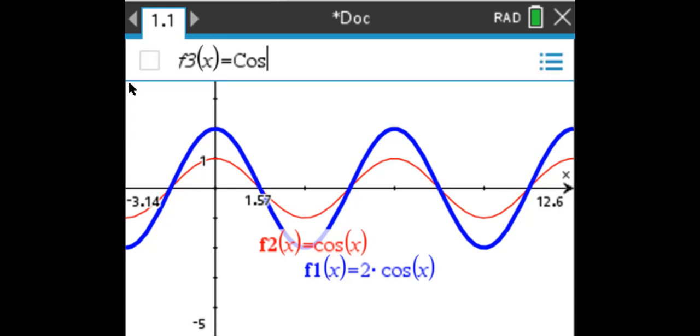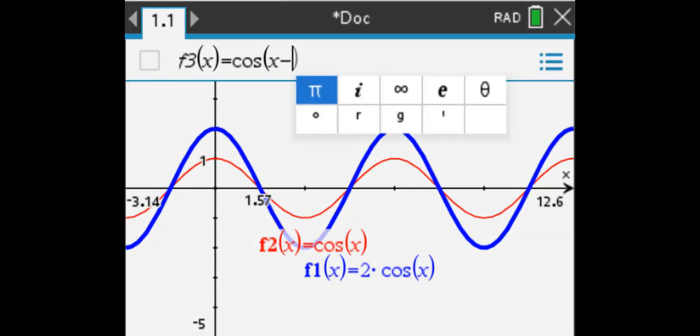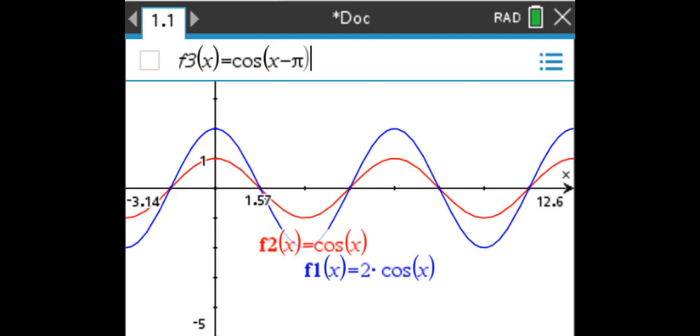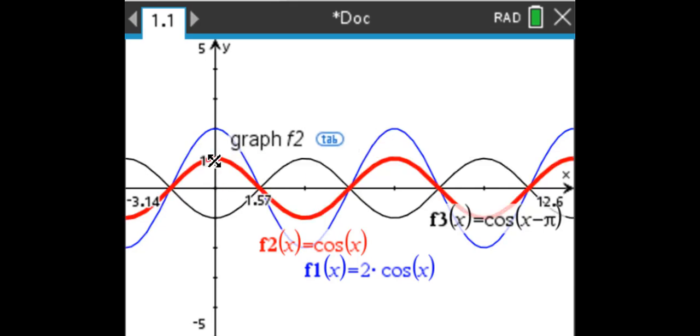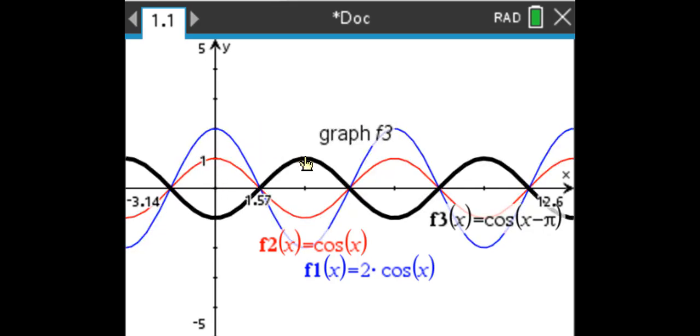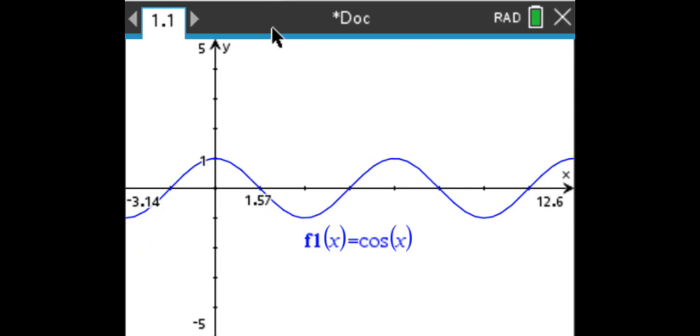If I go cos of x minus pi, it's going to move our curve to the right pi. So you can see, compared to the red graph, it's moved to the right pi. So I've gone back to my basic cos curve.